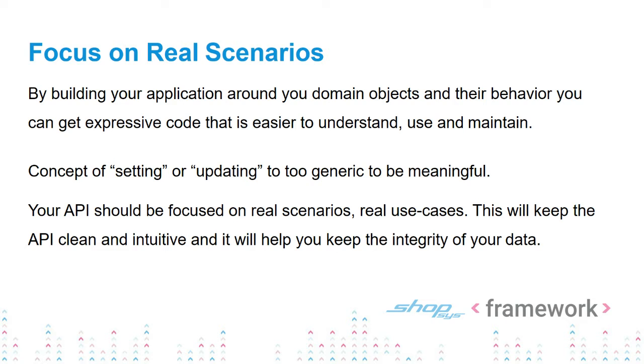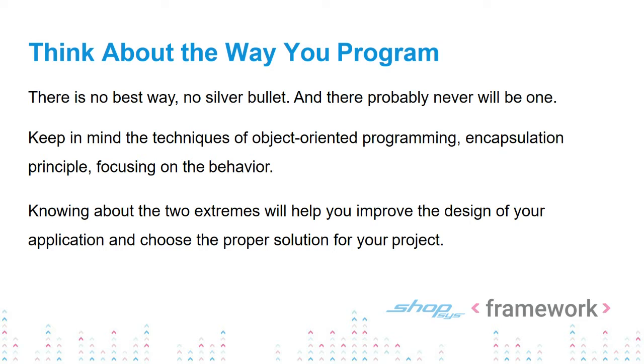Also, you should always think about the way you program, because there is no silver bullet, no best way. It cannot be said that object-oriented code is better in essence than procedural code. As Pavel said, those things are just tools. We need to know how to use them and use them well.